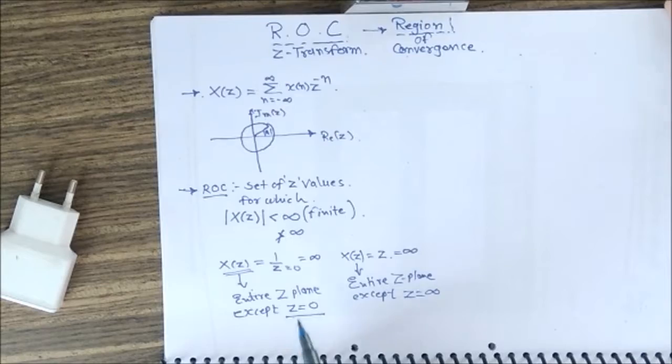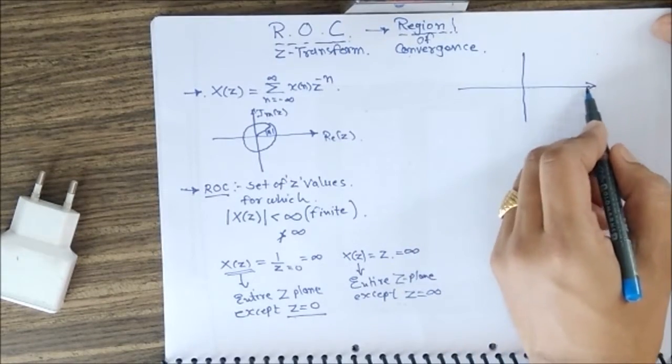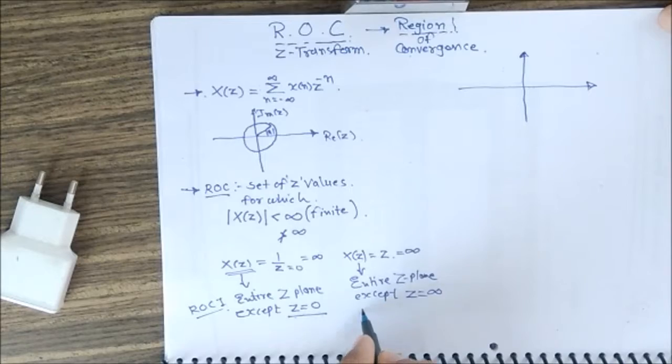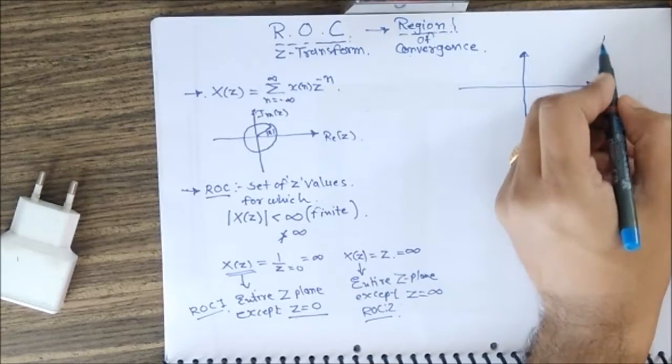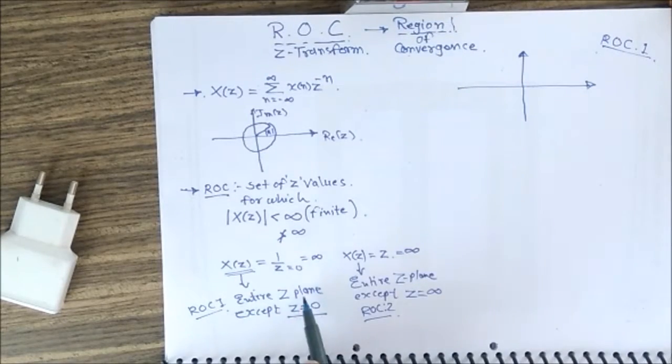So how to plot this ROC if we have the region of convergence? This one is ROC1 and this one is ROC2. Let's plot ROC1 first. To plot ROC1, the entire Z plane except Z equal to 0.